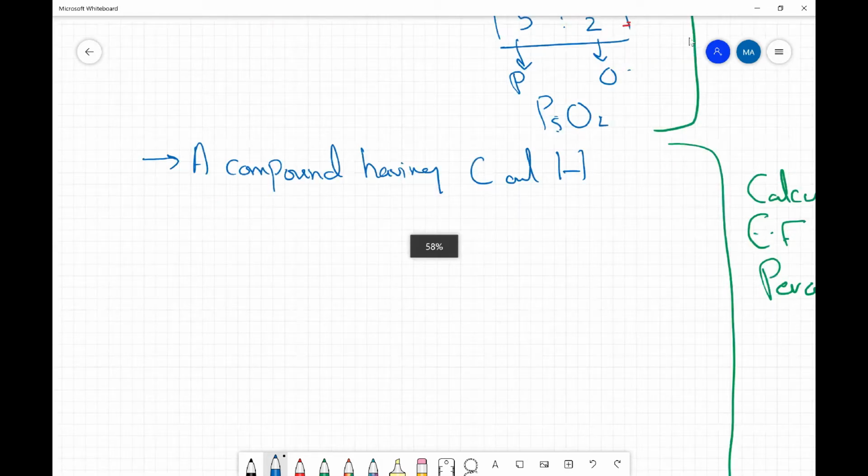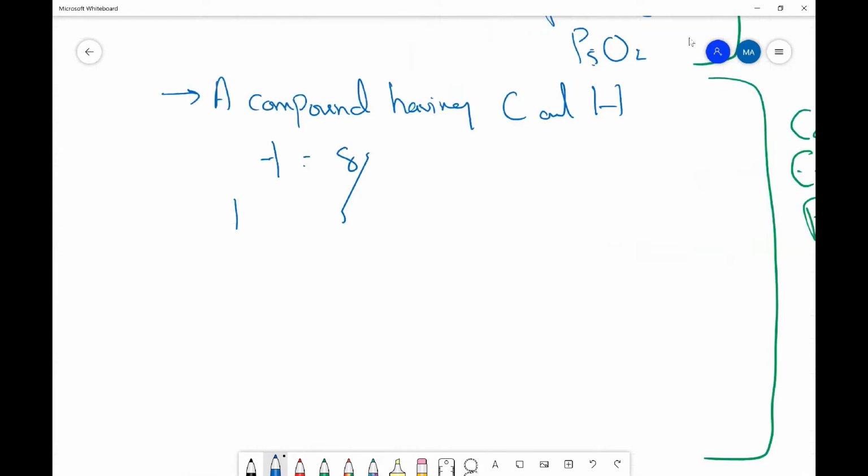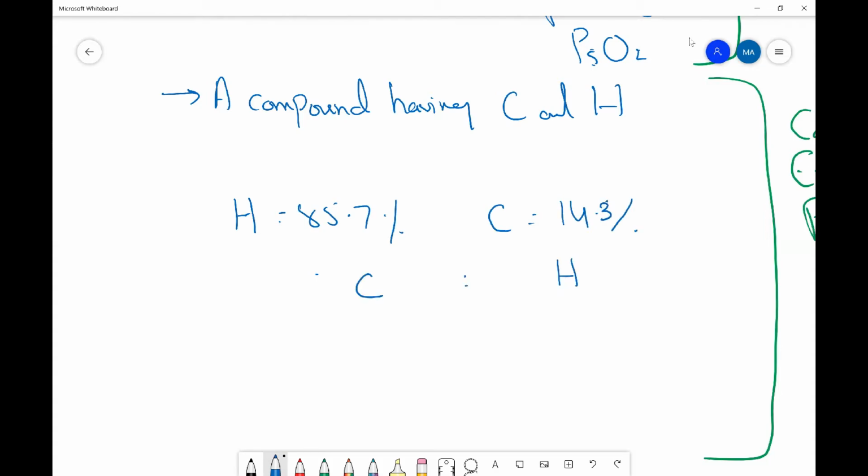So in that scenario, let's say you're given percentages. Hydrogen is 85.7% and carbon is 14.3%. C ratio H. And you're asked to find the empirical formula.